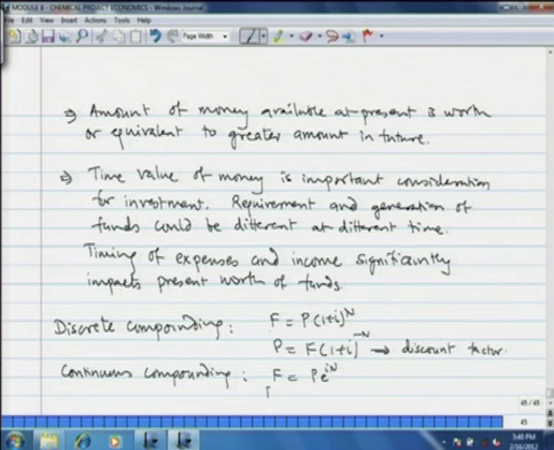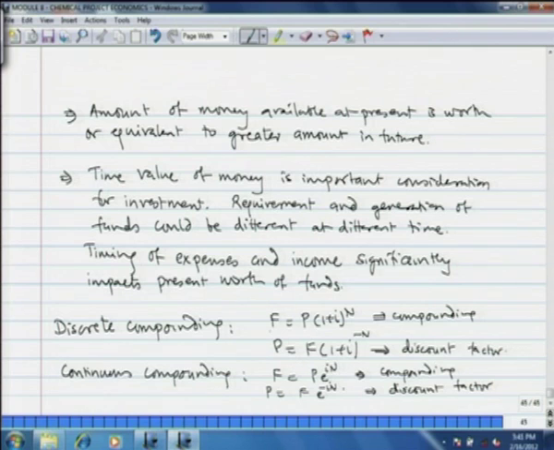We can reverse this and write P is equal to F e^(−In). So, e^(−In) is the discount factor for continuous compounding. (1 + I)^n is the compounding factor and (1 + I)^(−n) is the discount factor for discrete compounding, and the same holds for continuous compounding: e^(In) is the compounding factor and e^(−In) is the discount factor.